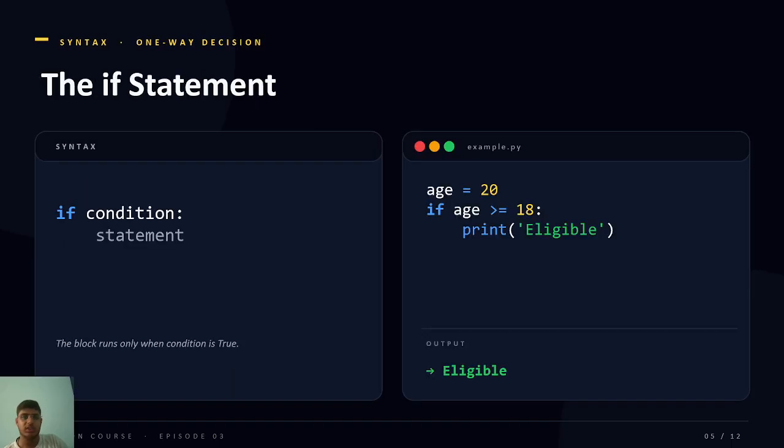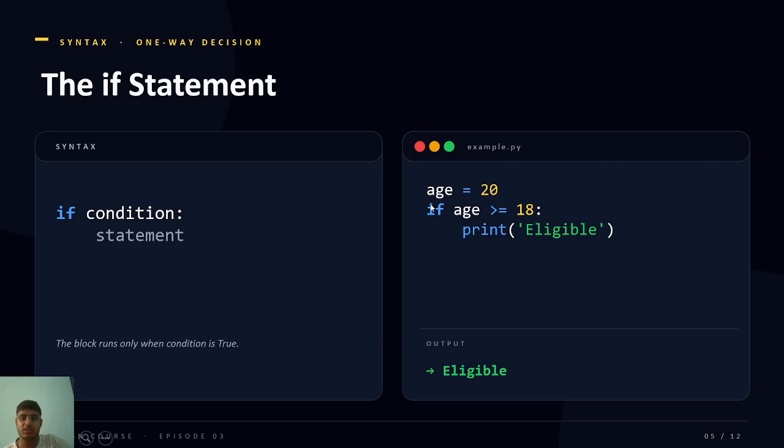Now coming to the if statements. The simplest conditional statement in Python is the if statement. It means if the condition is true, execute the following code. As you can see in the syntax, first we are giving the variable named age as 20, and we are giving the if statement.